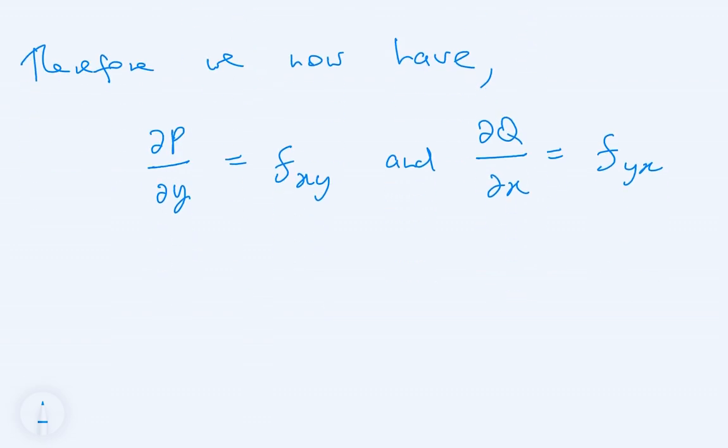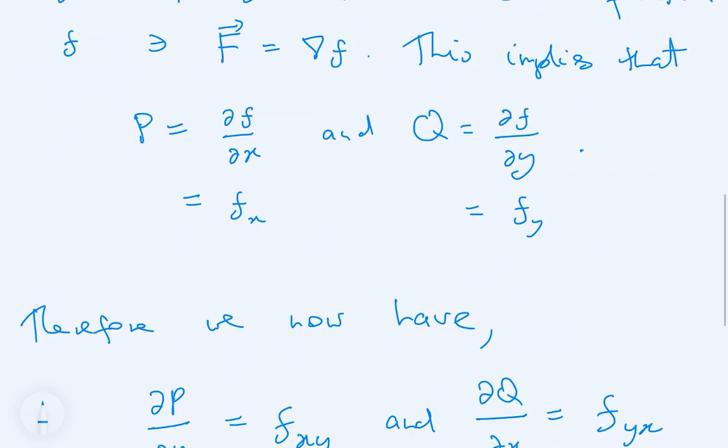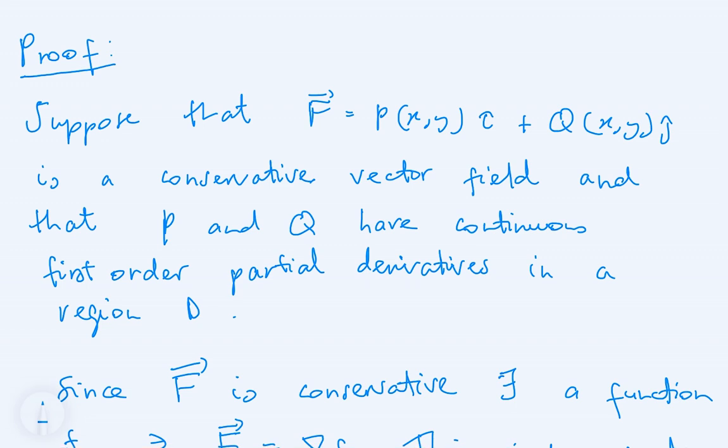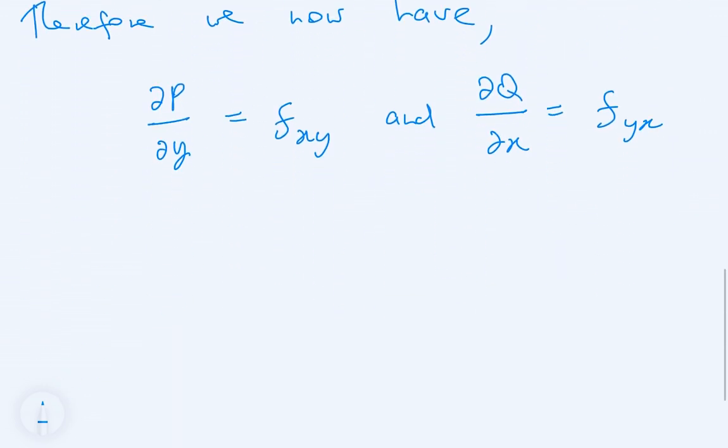Since we said that P and Q have continuous first order partial derivatives in the region D, we know that the partial of P with respect to y is continuous, and that the partial of Q with respect to x is also continuous.